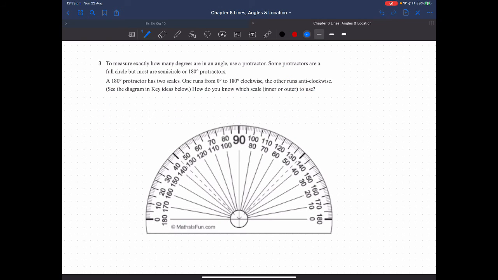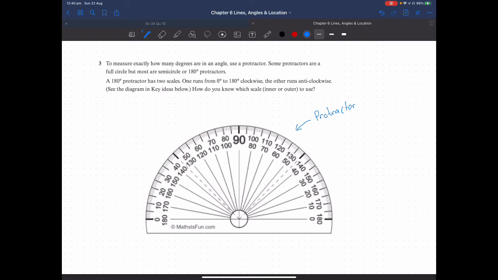If we were to measure angles exactly, what we would do is we would use a protractor. The diagram here is a protractor. This protractor measures between 0 and 180 degrees, but there are some protractors which go from 0 to 360 degrees.